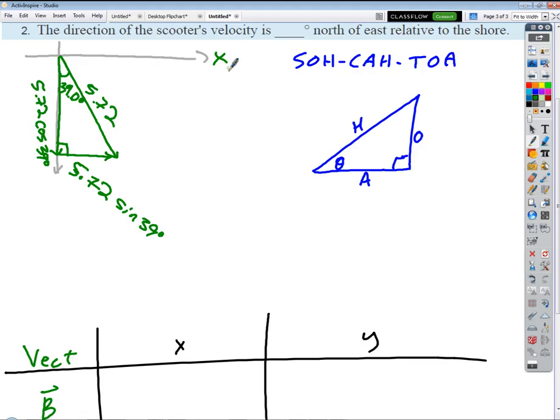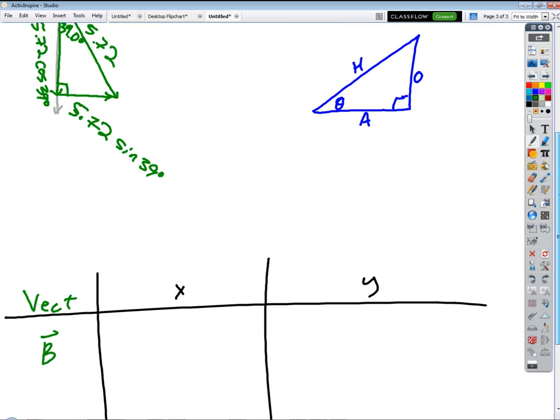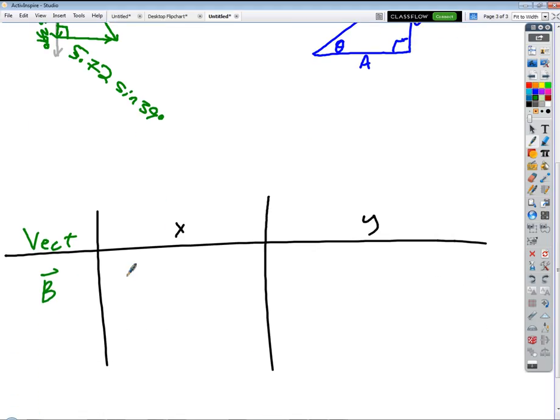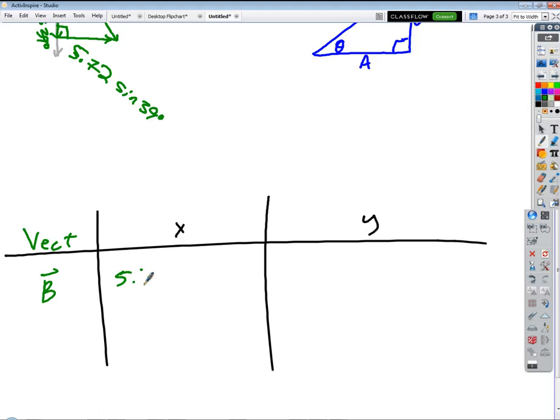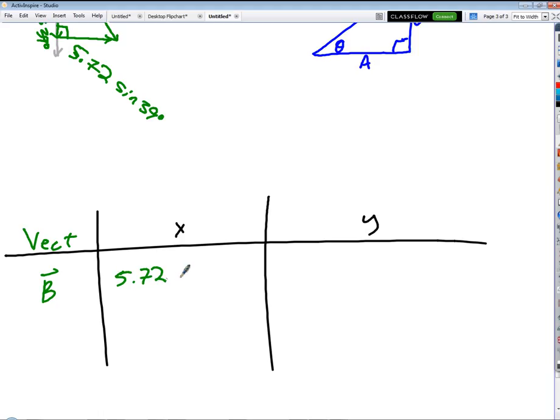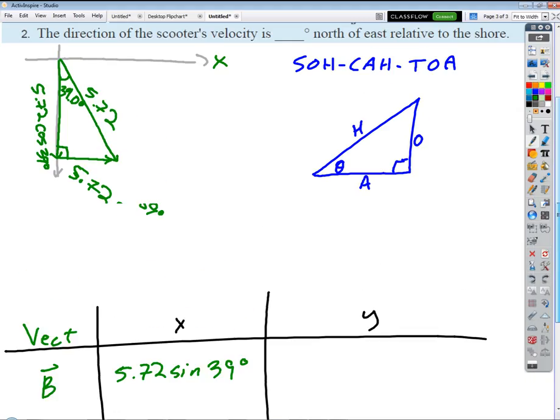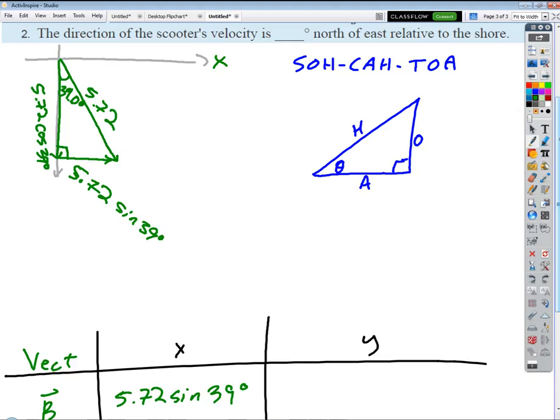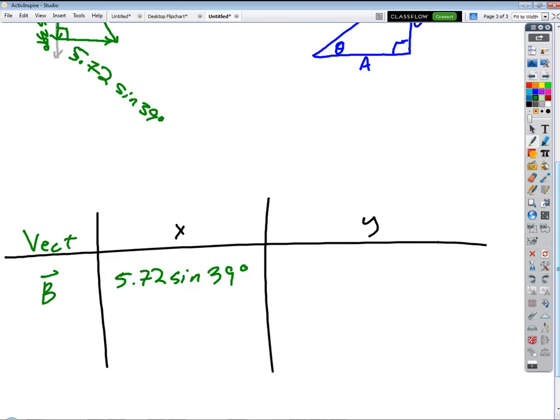So the x component is 5.72 sine 39 degrees. Is it weird that the x component has a sine in it? Maybe a little, but remember, it's because of how this angle was defined. The y component, positive or negative?